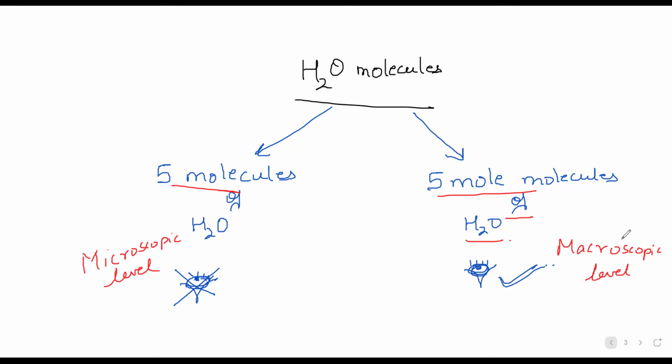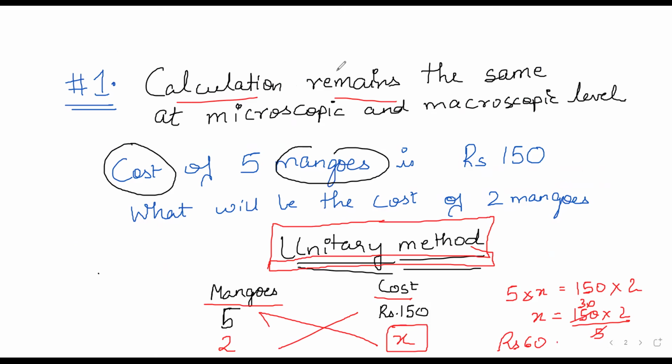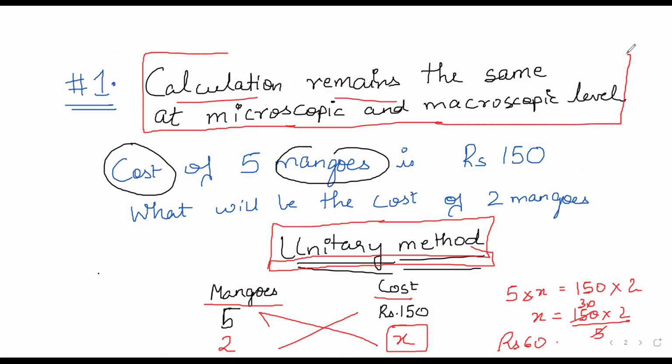But again, what is important is this tip and trick number one, which tells you that the calculation remains the same at the microscopic and macroscopic level. Initially, since you guys have just started with stoichiometry, it becomes very difficult to imagine things in terms of moles.